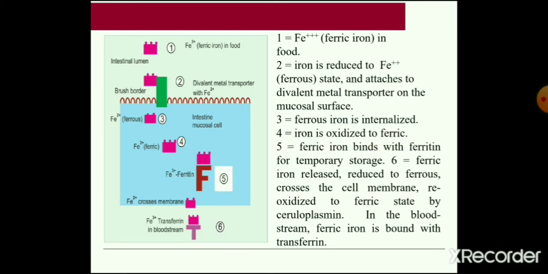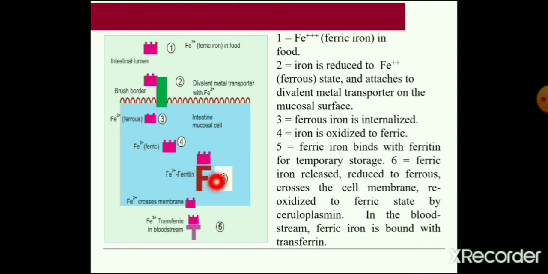So in this diagram, you can see the first is in the food, it is in the ferric form. Then here it is reduced to ferrous, and then the divalent metal transporter is spanning over the brush border, and through that it is reaching the mucosal cell, where it is in the ferrous form. Then again it is converted to ferric, and ferric combines with apoferritin to form ferritin.